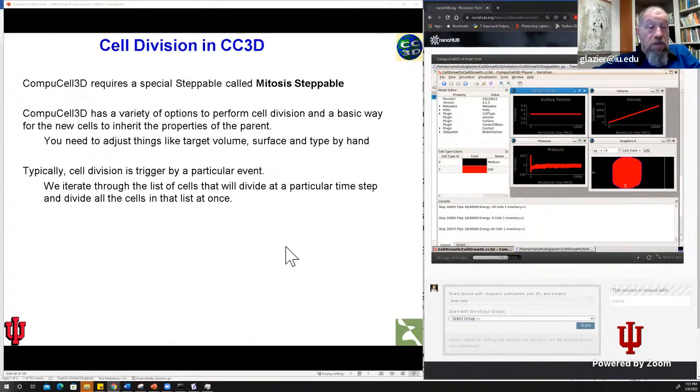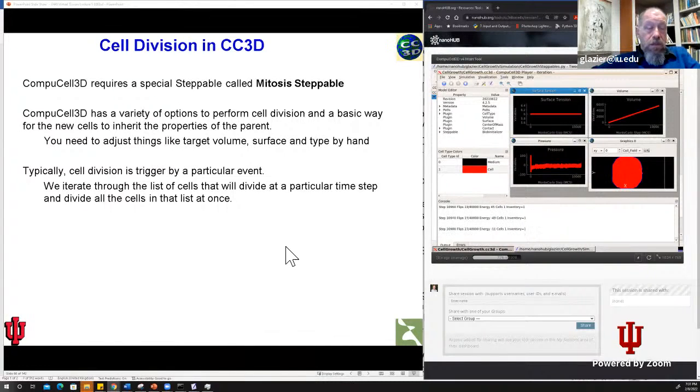Typically, we're going to have some event that's going to trigger cell division. And one thing that we're going to have to do is that we don't want to be doing cell division and deciding what's going to divide at the same time, which can cause problems, because then what if you have a cell that really needs to divide twice? You don't want it starting to divide in the middle of things.